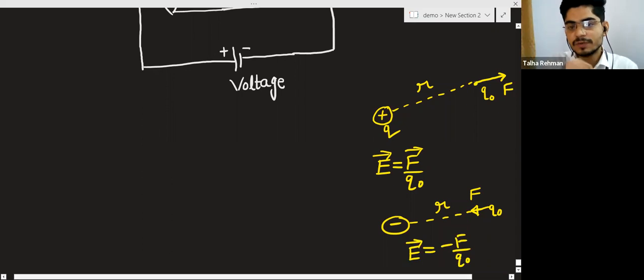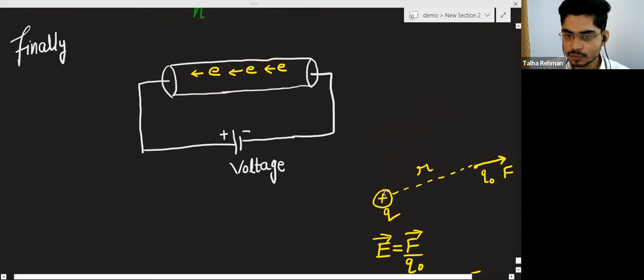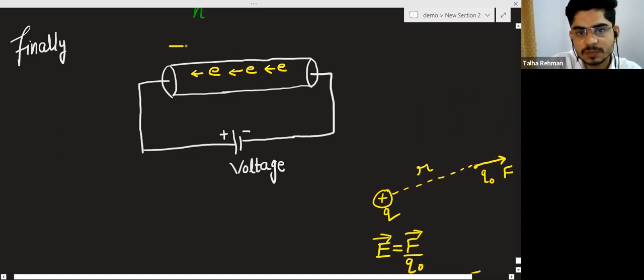From this you can conclude that the direction of electric field is from the positive terminal to the negative terminal. E is the electric field here.